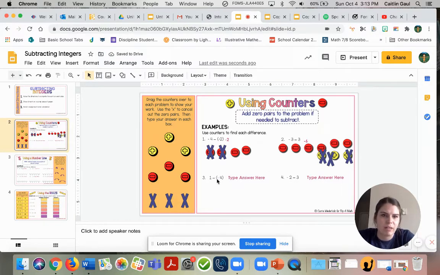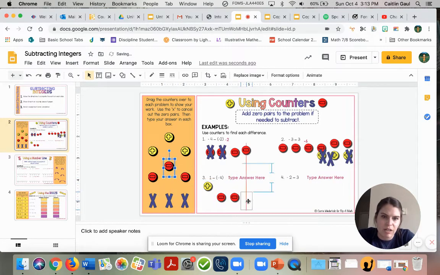Let's try it again down here. This time I start with 1 positive. So there's my 1 positive. It wants me to get rid of 4 negatives. I don't have 4 negatives. So we're going to do the same thing. I'm going to get 4 negatives on there. But if I want to get rid of these, they need to be paired up to make a 0.